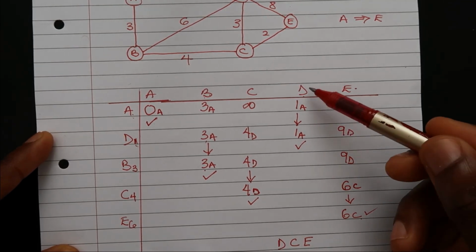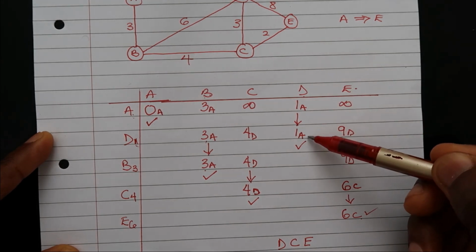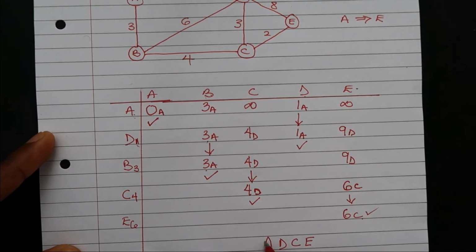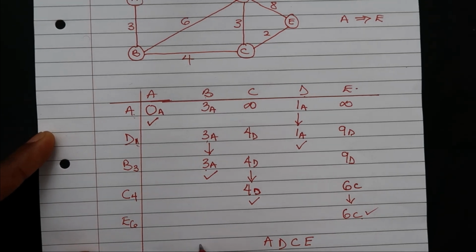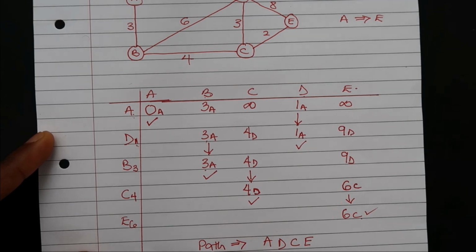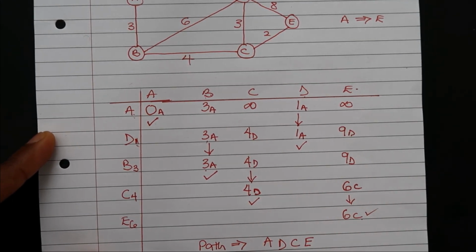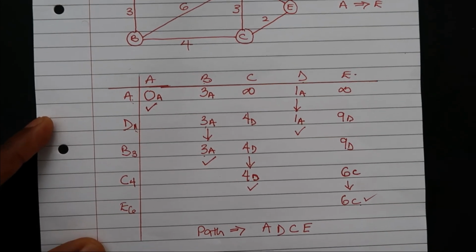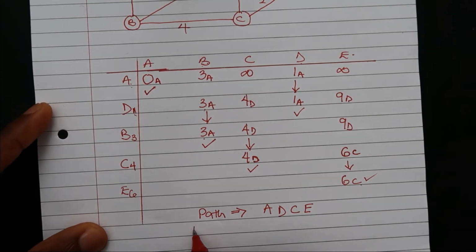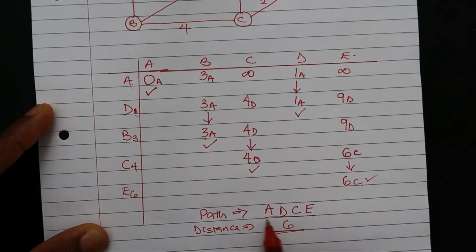I'll go to D. The best known path to D is my source path, which is A. So our shortest path between A to E is ADCE, and the distance or the weight is 6. Okay.